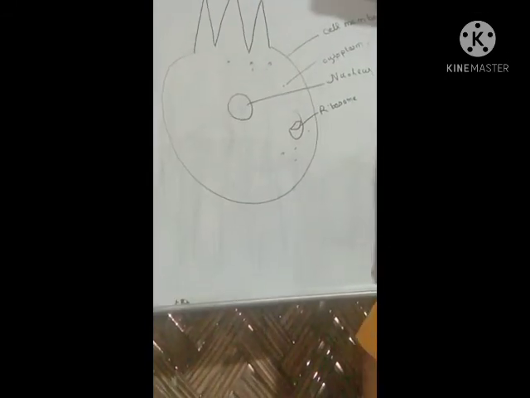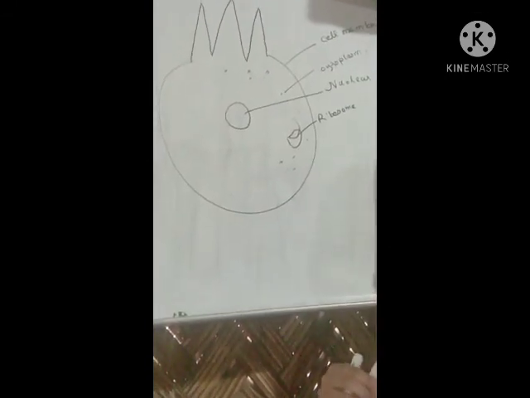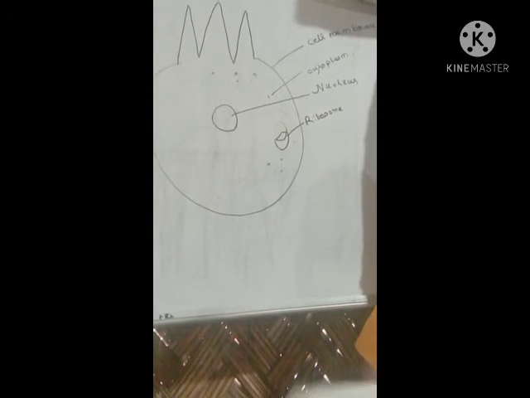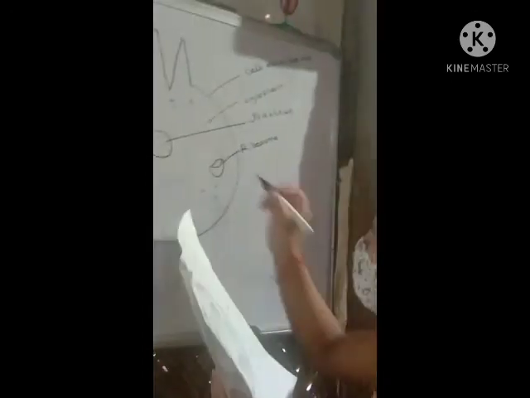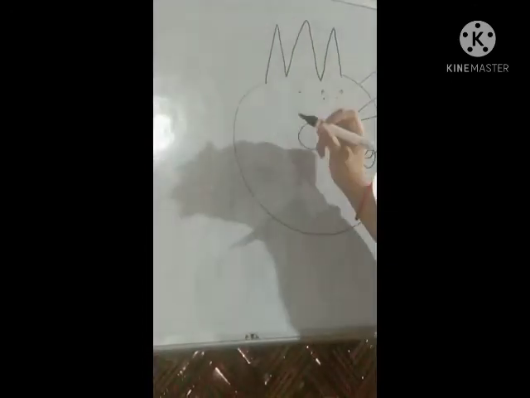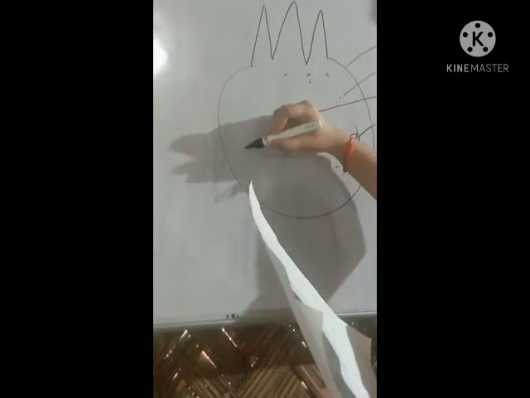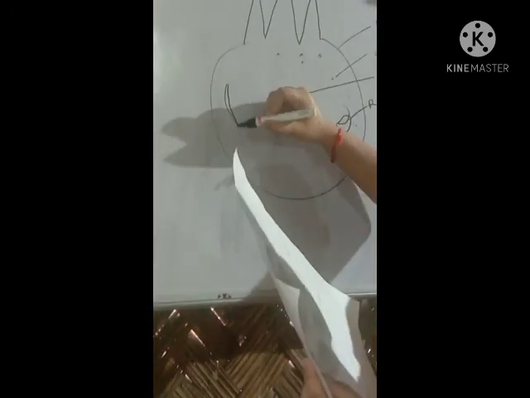There are types of organelles: non-membranous, double membrane and single membrane. Golgi bodies are also present in animal cell.